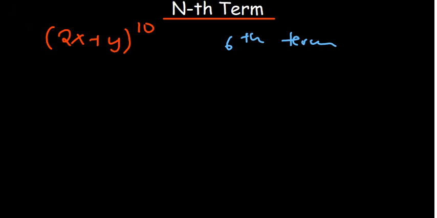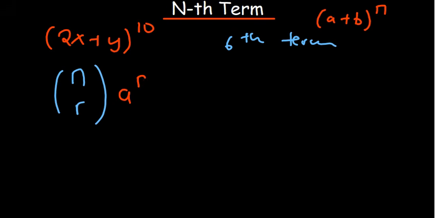I've already given you a tip. n choose r as your binomial coefficient, and then if you have a plus b, which is what we usually use to represent the expression to the power n, your a is going to be to the power n minus r, and your b just to the power r. I believe you're now getting conversant with this expression.